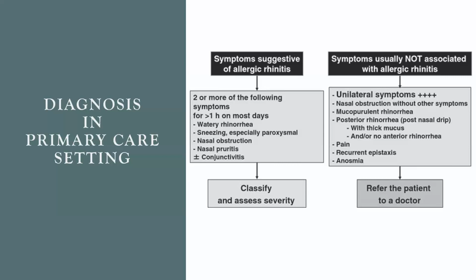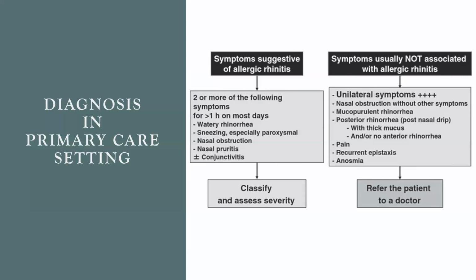However, if it's more than 1 hour and accompanied with rhinorrhea, it raises the suspicion of allergic rhinitis. And the more symptoms that occur, the more likely this child is diagnosed with allergic rhinitis. From that point, you have to assess the severity.